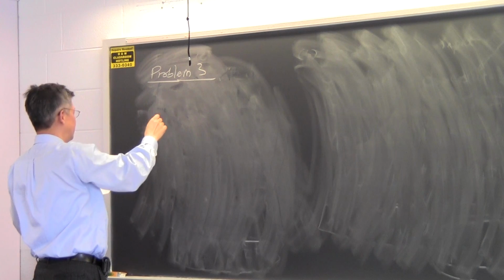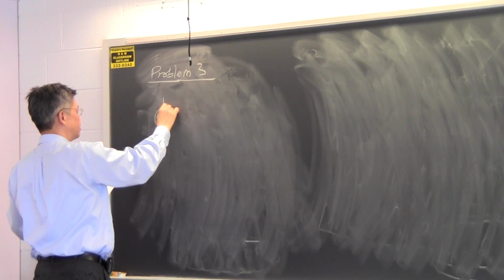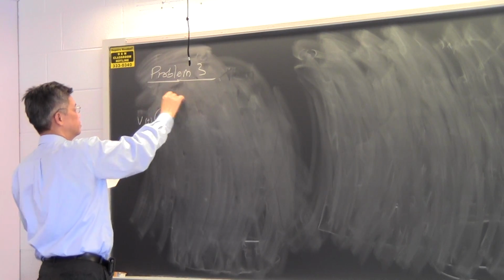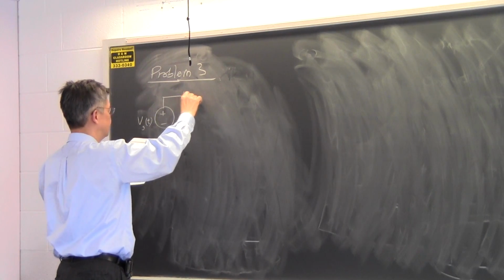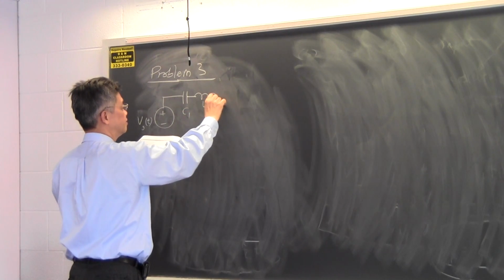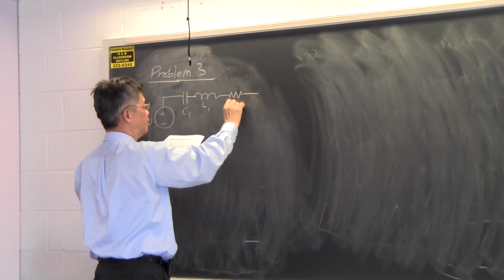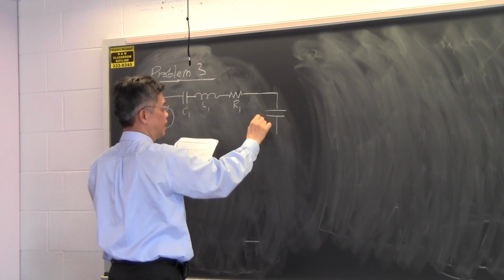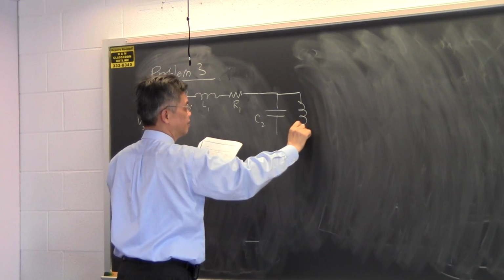So you're given this complicated looking circuit, Vs of t, with an inductor, capacitor C1, L1, the resistor R1, and then capacitor C2, and inductor L2.